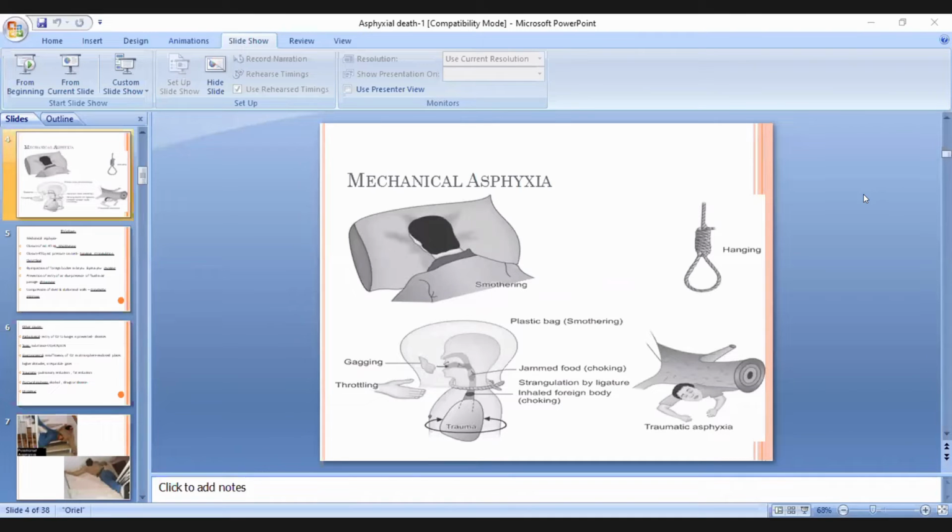Traumatic can be either if there is any kind of trauma from external trauma, traumatic asphyxia also, or if there is any pathological changes such as pulmonary embolism or fat embolism, then that also causes traumatic asphyxia. Very important one is postural asphyxia.